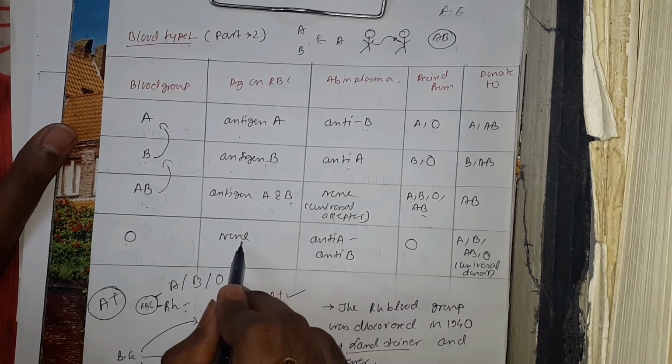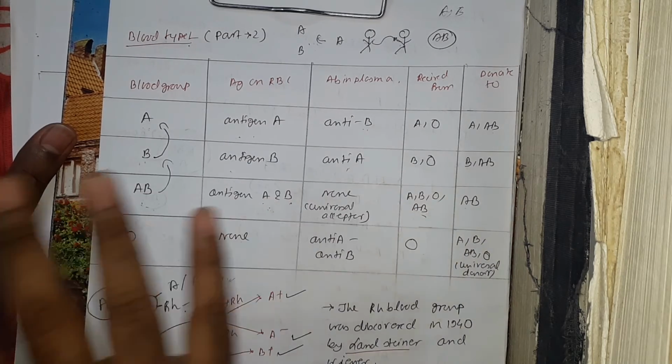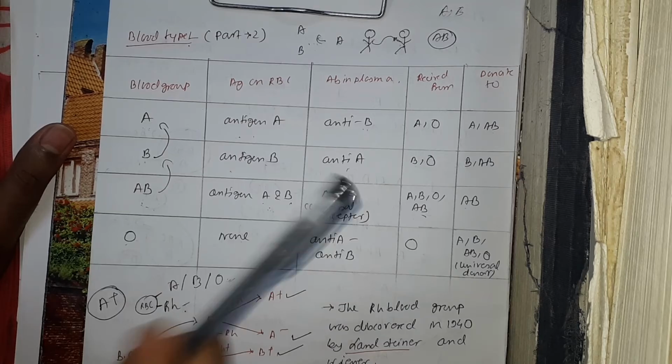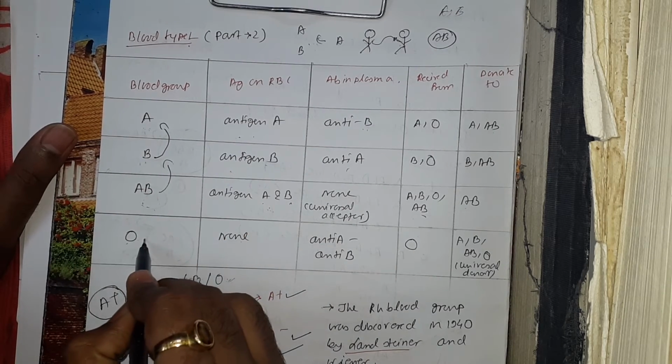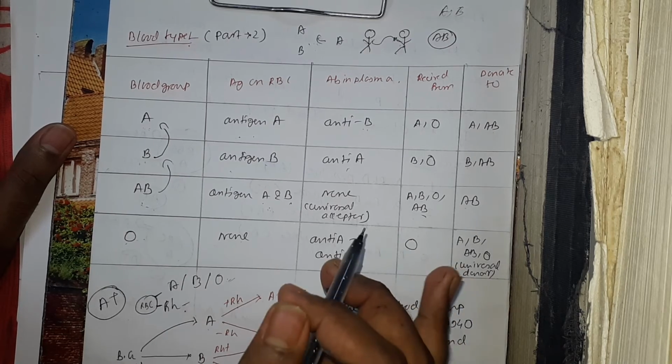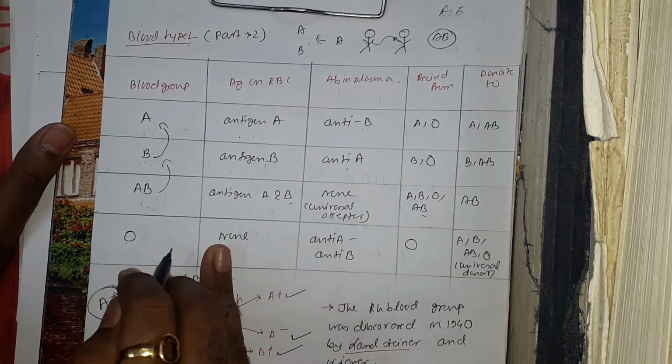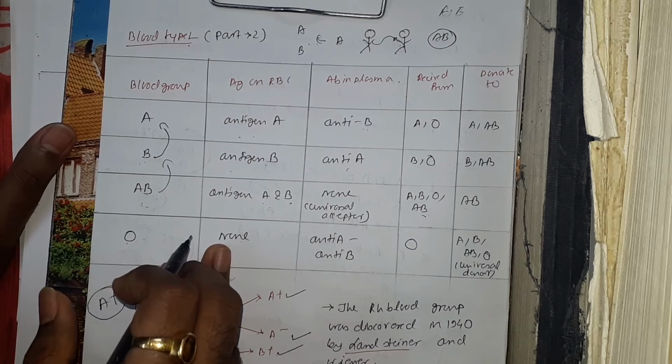Because they have no antigen, the host's antibody has no way to attack, right? That is why they do not reject O blood group. So O is our universal donor simply because they have no antigen on their RBC, right?